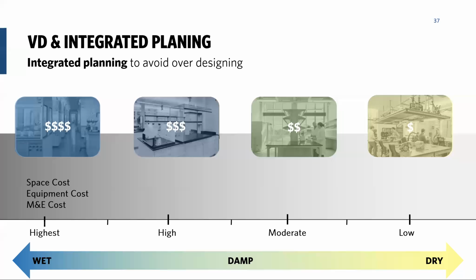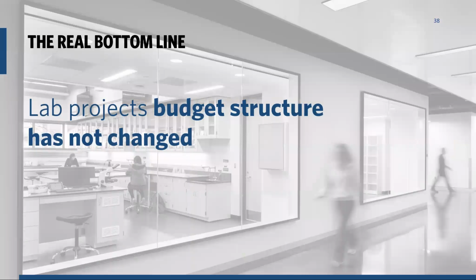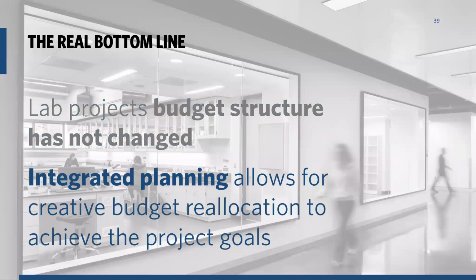So now these freed resources can be reallocated to other new requirements that we discuss in this section. The real bottom line is that the lab project budget structure has not changed, but the expectations of lab and program has changed. And integrated planning allows for creative budget reallocation to achieve these new project goals.